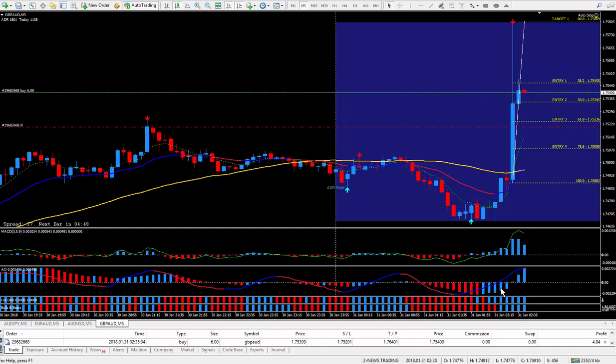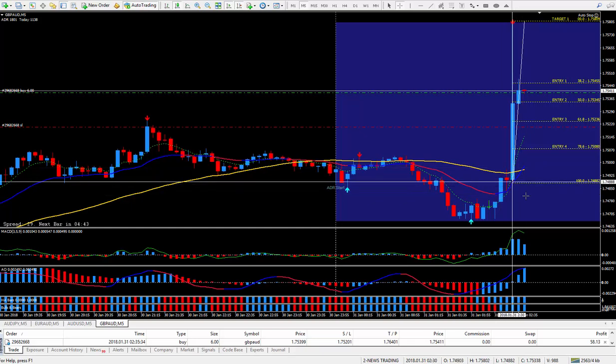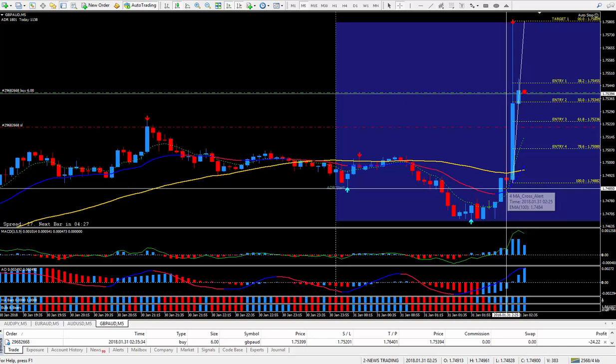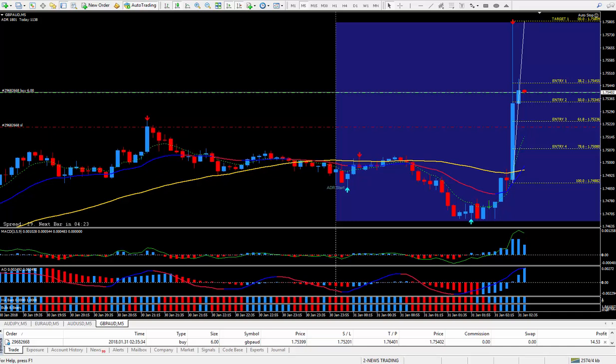There's 1, 2, 3, 4, 5, 6, arrow 7, above the trigger line 8, and the line is blue here, that's 9. Just wait for this little bit of a pullback right here. So if you want to trade the news 5 minutes before the news, you're going to get in right here. That would have paid you 96 pips.